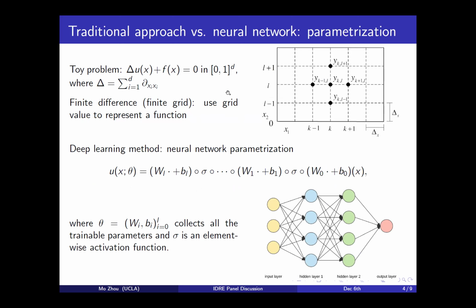When the dimension becomes high, the computational cost will grow exponentially with respect to the dimension d, which causes the curse of dimensionality. In comparison, the neural network parameterizes the function you want using the parameters weight W and bias B, and uses the composition of a bunch of linear transforms and nonlinear activations to formulate your parameterization.